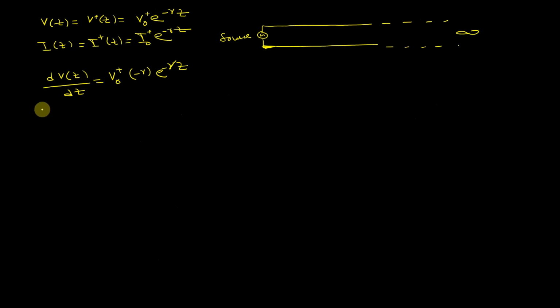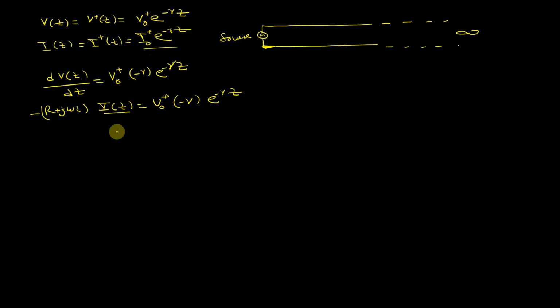So it is minus R plus j omega L Iz is equal to V naught plus minus gamma e raised to power minus gamma z. What is the value of Iz?